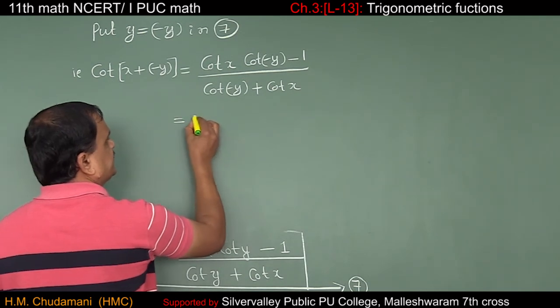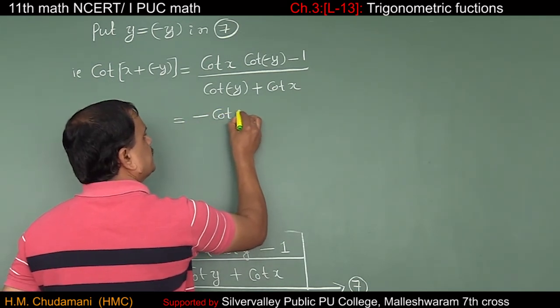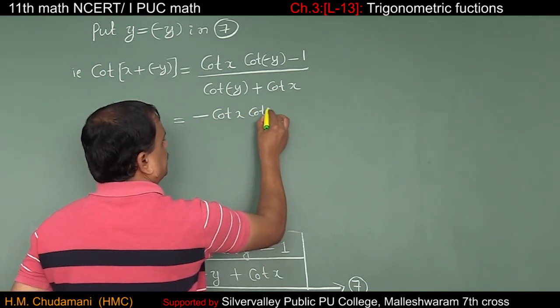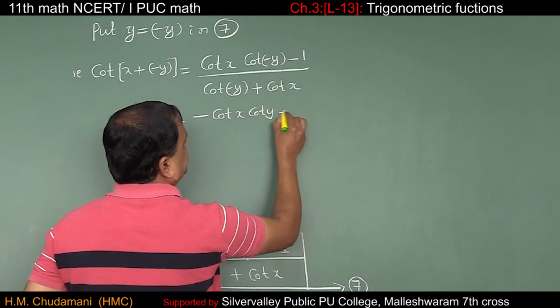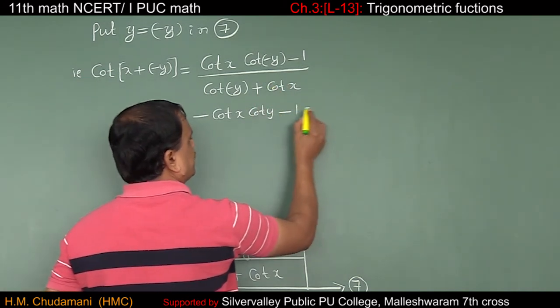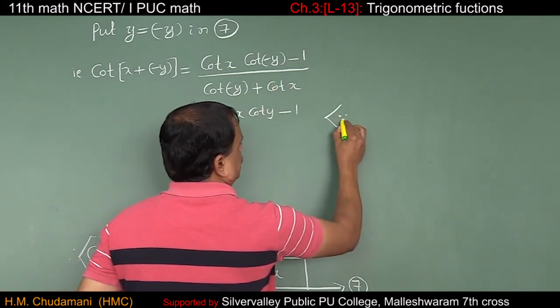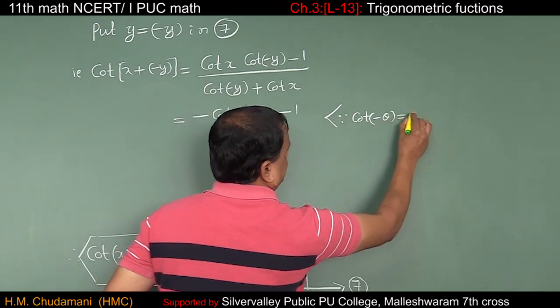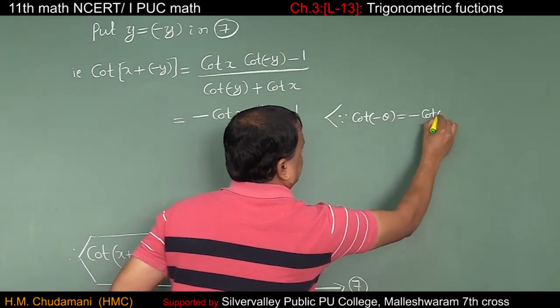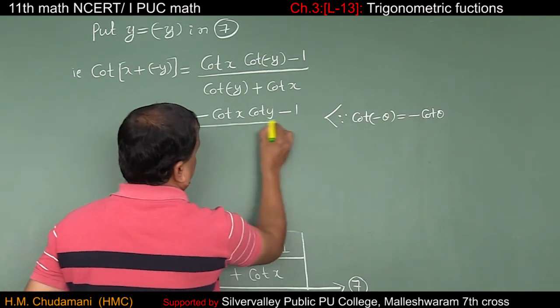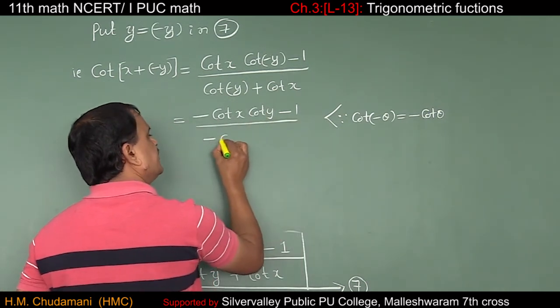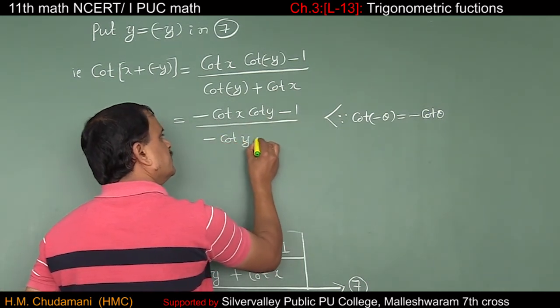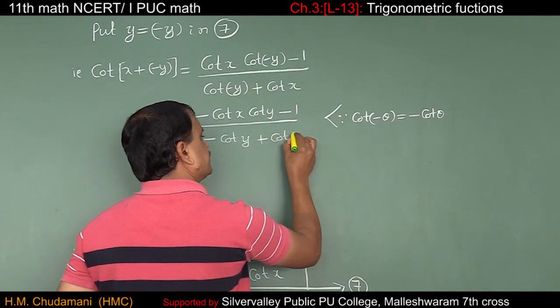So now this is equal to minus cot x cot y, because cot of minus theta is minus cot theta, you know, divided by minus cot y plus cot x.